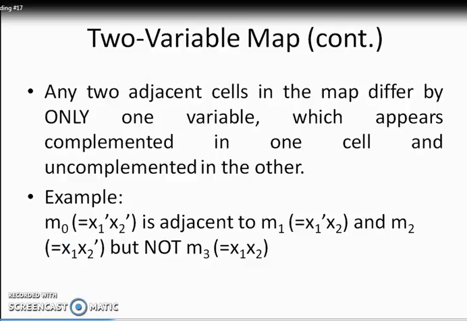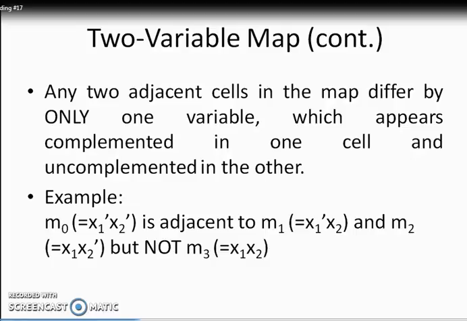Here, an important thing is two adjacent cells in the map differ by only one variable. They appear complemented in one cell and uncomplemented in the other. For example, M0, which assigns 0 for both the variables x1 and x2, is adjacent to M1, which is similar for the term x1 but not for x2.